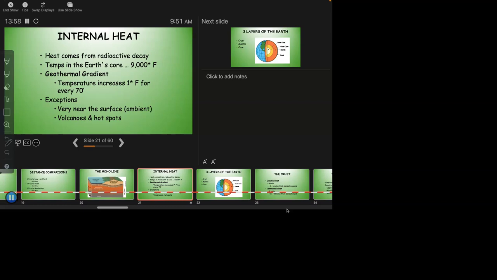So we had one temperature-related vocabulary word already. It was lapse rate, okay, and that was the decrease in temperature within the troposphere. We've got one more for you now, geothermal gradient. All right, and geothermal gradient is the increase in temperature as you go into the Earth.